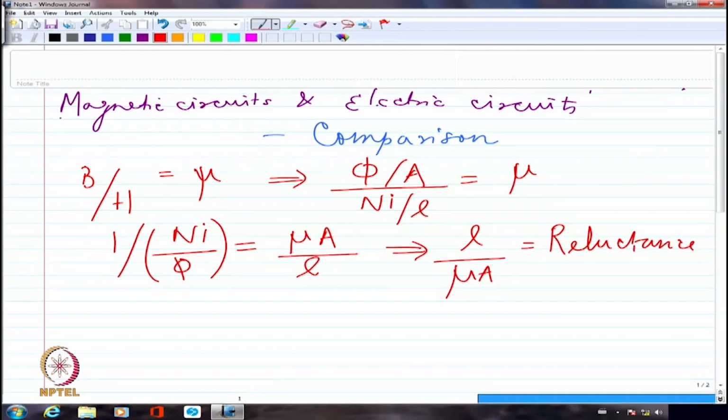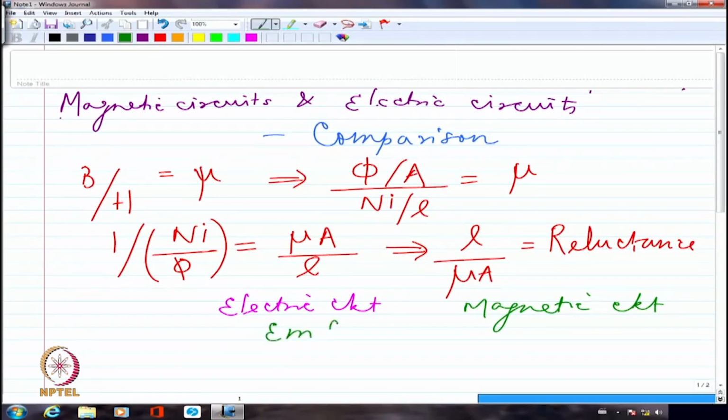So if I compare an electric circuit and magnetic circuit, on one side let me write electric circuit, on the other side magnetic circuit. In this case this is going to be EMF, in this case it is going to be MMF. Let me write the units also in the bracket.